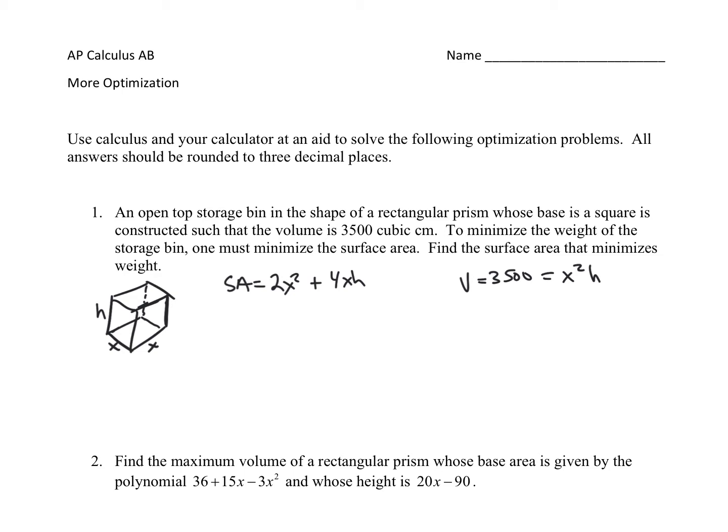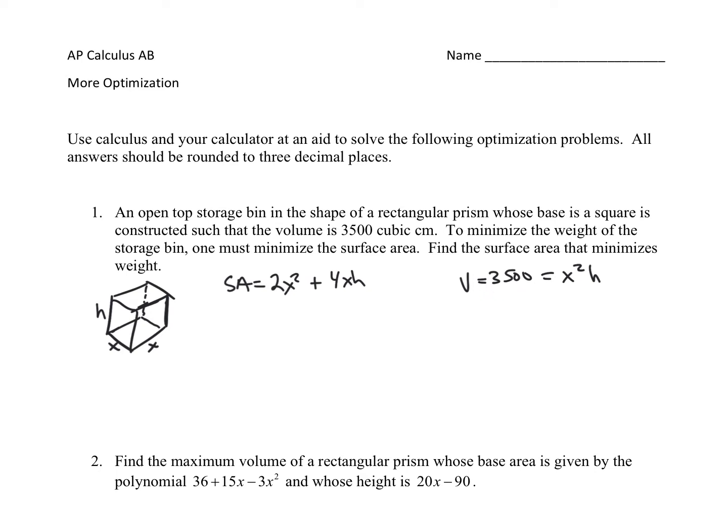All right. So I've got 2 of the x squared squares, and I've got 4 of the x times h squares. So there's my surface area equation. And notice we've got x squared, but we also have h. We have x and we have h, so I'm going to want to make a substitution, and that's where the 3,500 comes in.